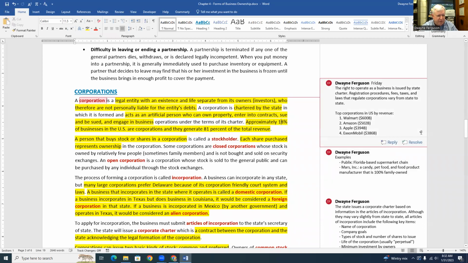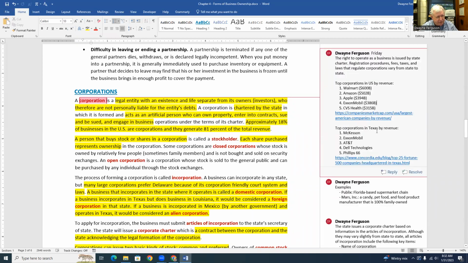I probably put something else in here. Oh, here are the top corporations in Texas. So McKesson, you may not know that company. It's a healthcare provider, I think. ExxonMobil, AT&T, Dell, these companies in Texas, big companies. So I put some links out there if you want to read more about that.